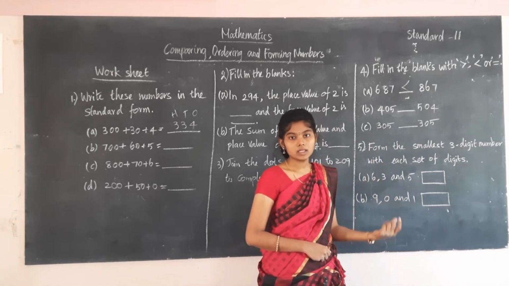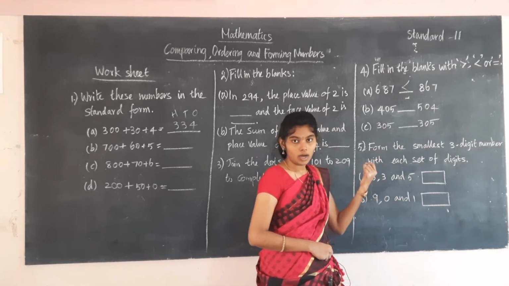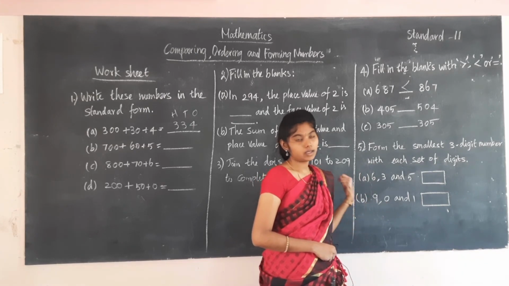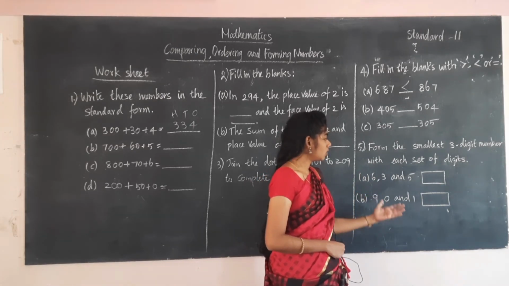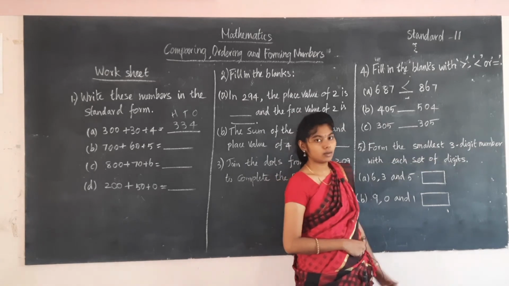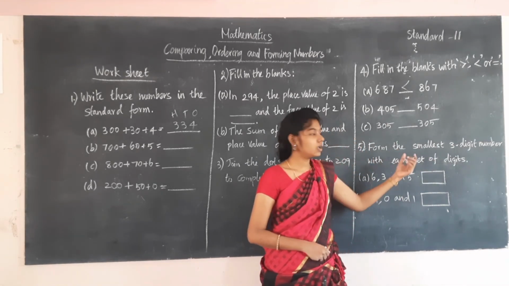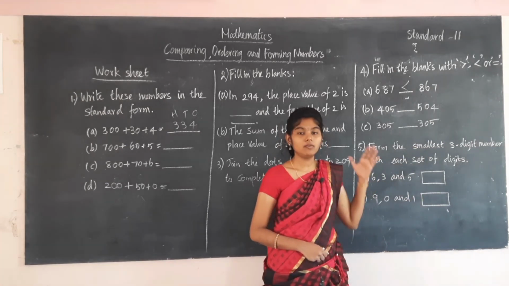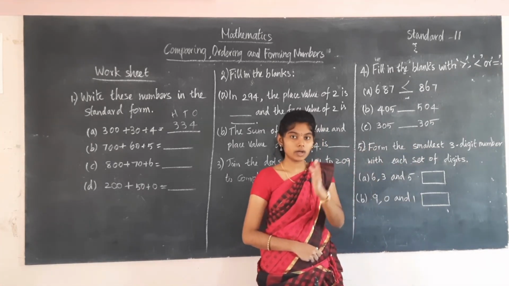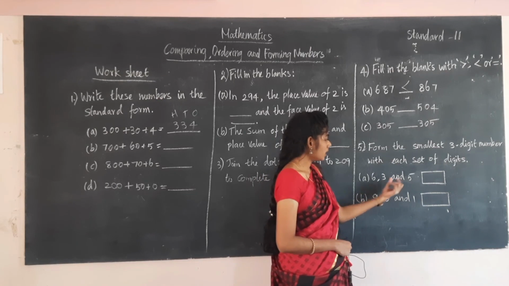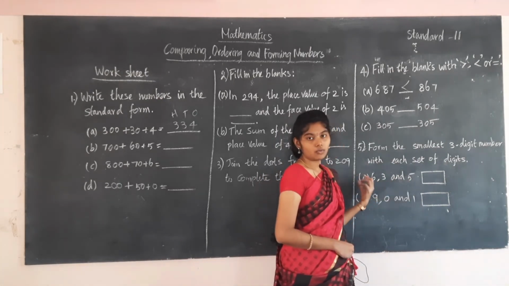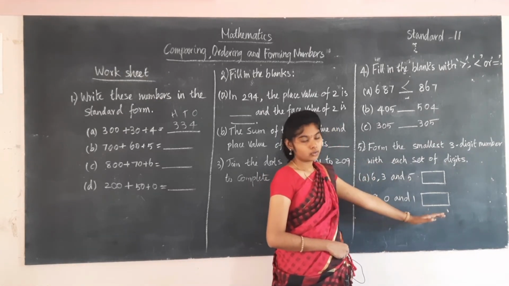You have to write the smallest digit in the hundreds place. You write the numbers in ascending order to find the smallest number. To find the greatest, you write the numbers in descending order. So here 3 is the smallest, next to 3 is 5, next to 5 is 6. So in that order you are going to write.